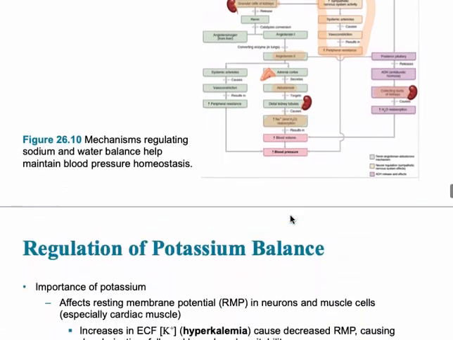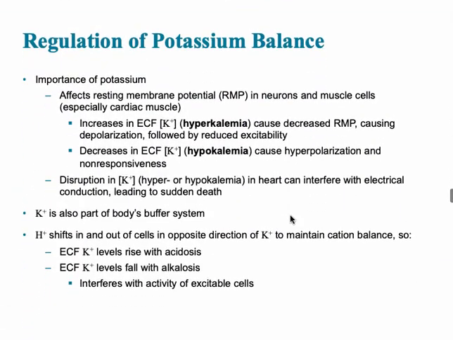So our next slide shows us what happens with potassium. When there's too much potassium in extracellular fluid, that is referred to as hyperkalemia. And a decrease causes hypokalemia. And if we remember what potassium does to the action potential, this should make sense. Too much potassium causes a decreased resting membrane potential.